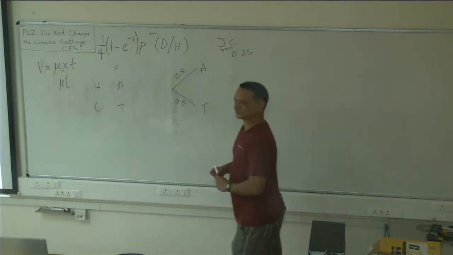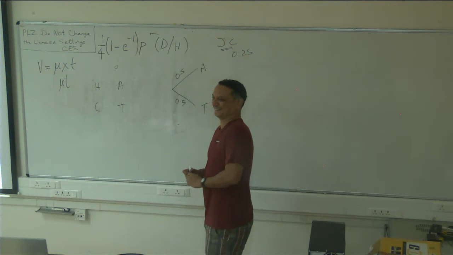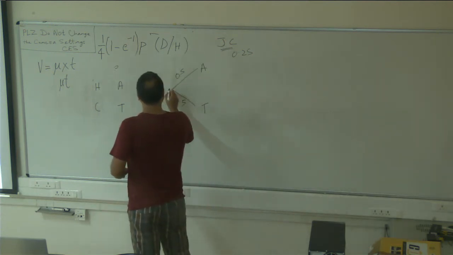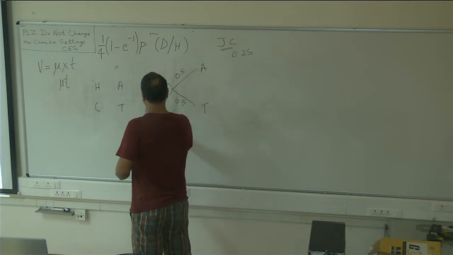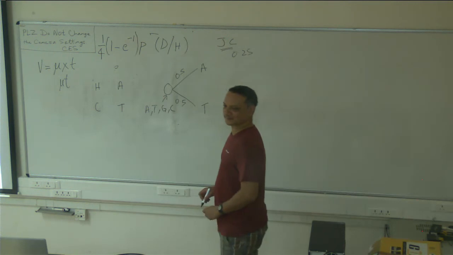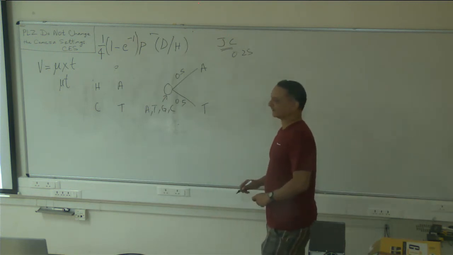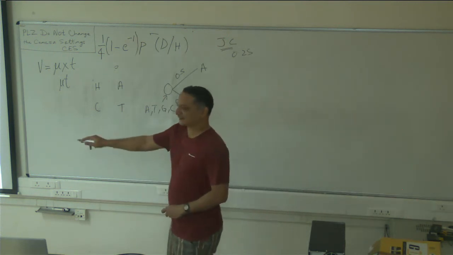You have to do only this much calculation. So this can be A, T, G, C. Basically, we have to figure out what it is. You have to calculate that likelihood.